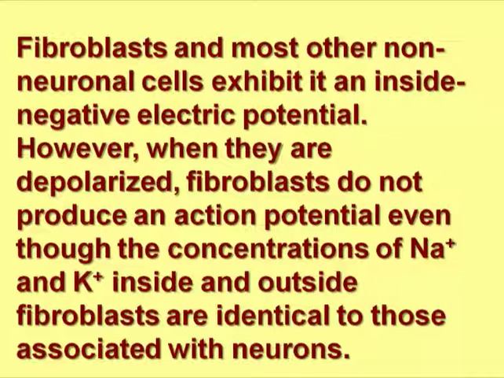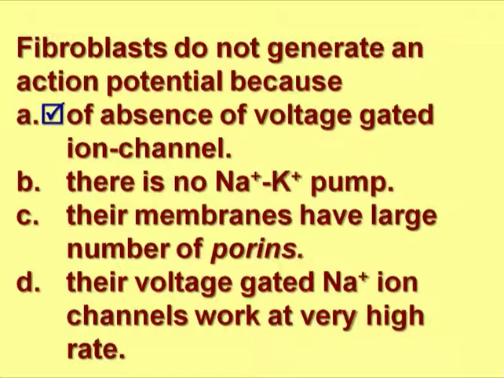The change in the membrane potential is done mainly by two ions, sodium and potassium, by the movement of these ions inside and outside. Now, in fibroblasts, these ions can also be actively moved in or out. But when we compare with neurons, these fibroblast cells do not generate an action potential.